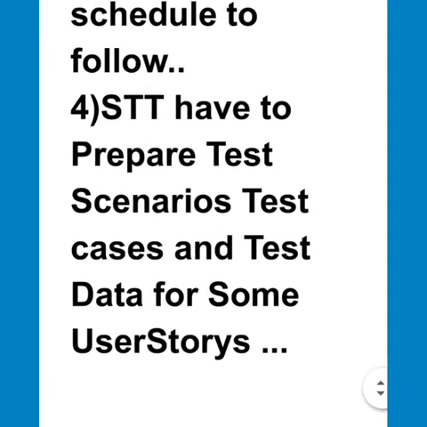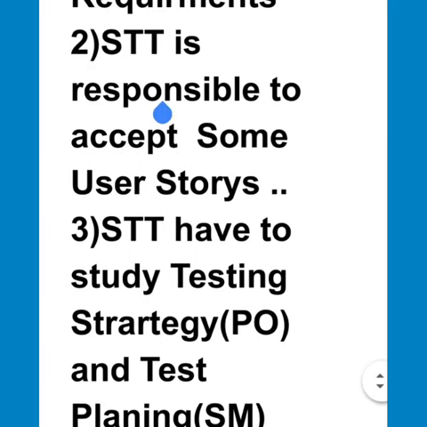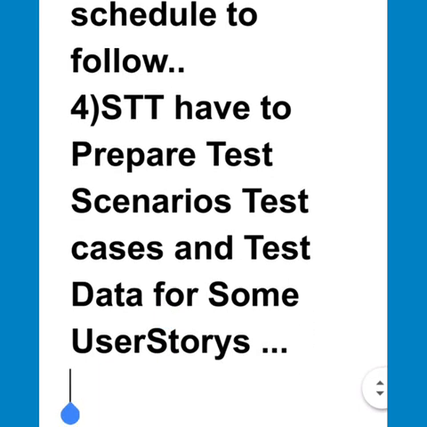Among those user stories, as I told you, the ratio is 7:3. So suppose 3 testers are there, the user stories are allocated to the testers as responsible user stories. For those, you have to prepare test scenarios, test cases, and test data.